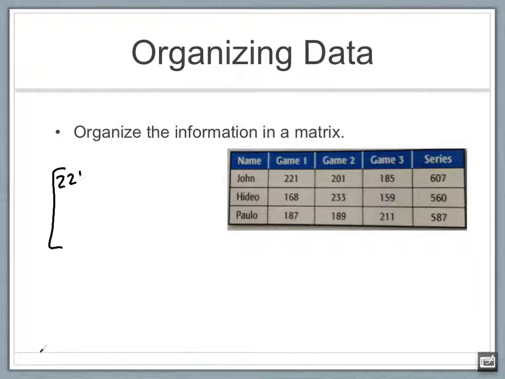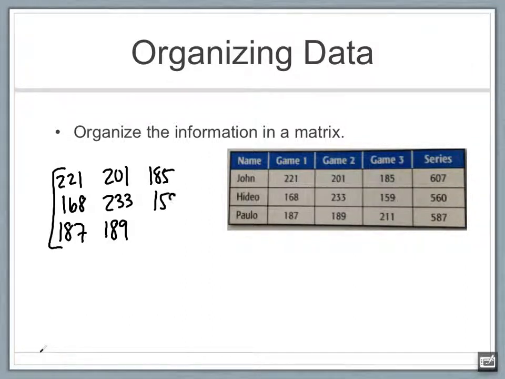So I have 221, 168, 187. And then copy game 2, 201, 233, 189, 185, 159, 211, 607, 560, and 587.